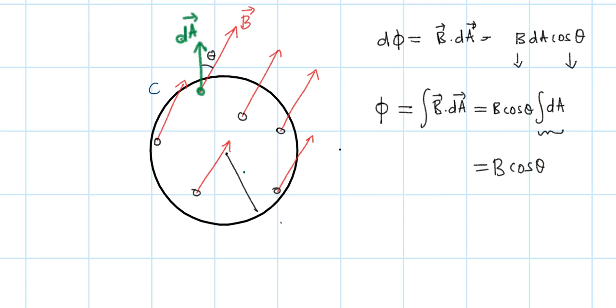If capital R was the radius of the circle, then this product will be B cos theta pi R square. So that's the flux through a circular coil of radius R oriented at an angle theta with respect to the magnetic field, placed in a uniform magnetic field.